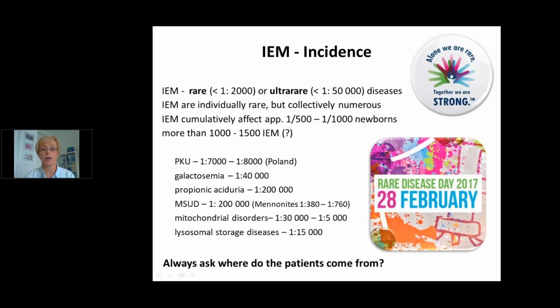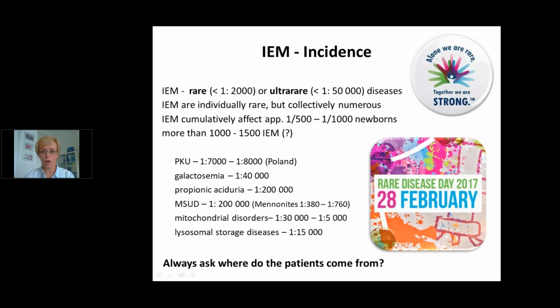But even if they are individually rare, they are collectively numerous, and there are really hundreds of inborn errors of metabolism that we can detect among our patients. And please remember that even the rarest inborn errors of metabolism may appear among your patients.